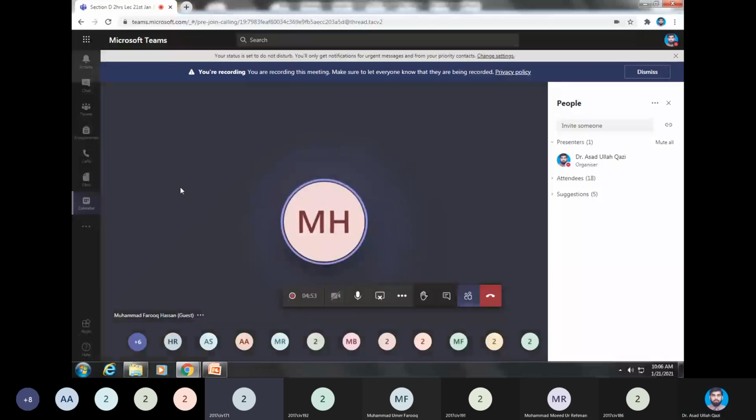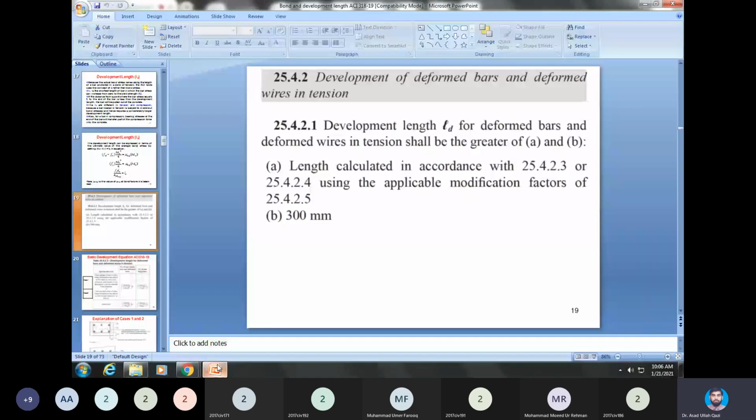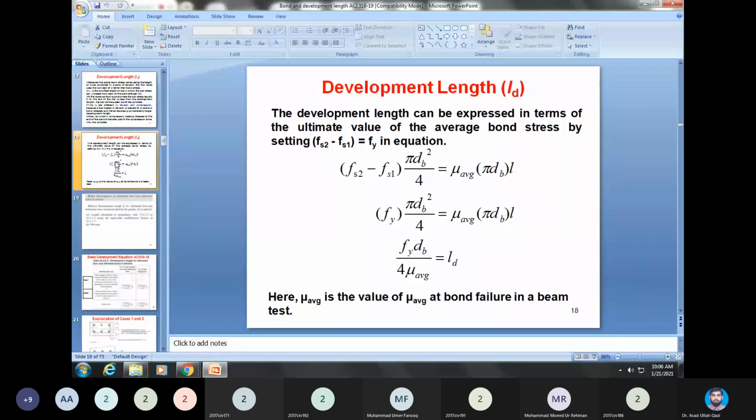Okay. I finished discussion on this equation, the general equation for development length, simply derived from the pull-out test methodology.